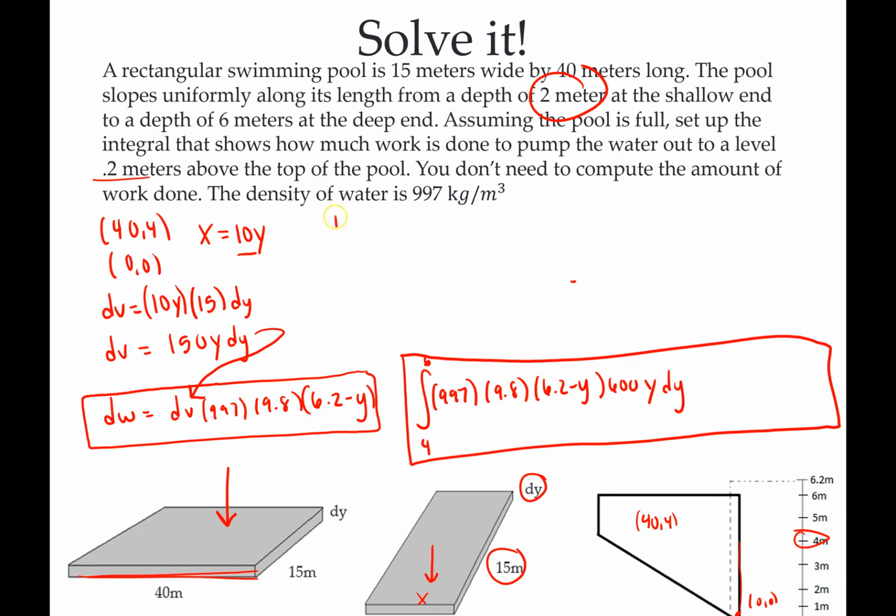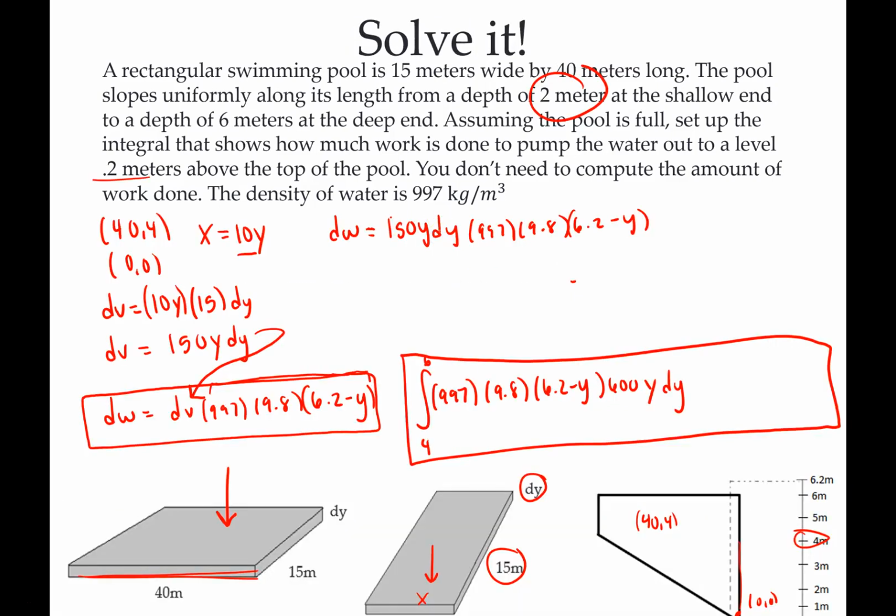So my dW for this particular problem is going to be equal to 150y dy, and then I'm just going to recopy all of this down. Remember, I like to put my dy at the end.